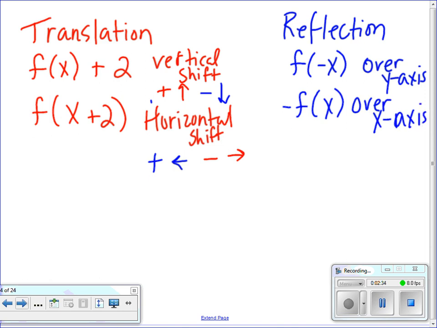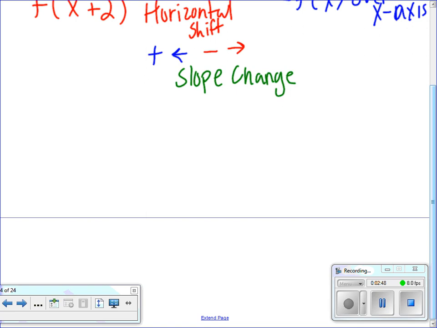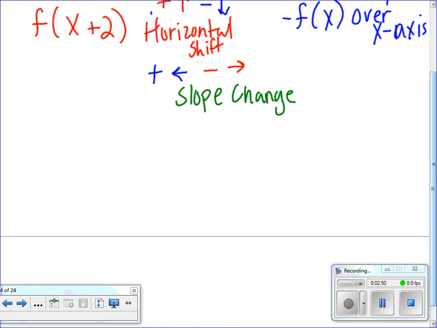And then the last ones that we had dealt with slope change. And you had 4 different types. So we had horizontal compressions and stretches, and then we had vertical compressions and stretches. Vertical compressions and vertical stretches are when the number was on the outside.